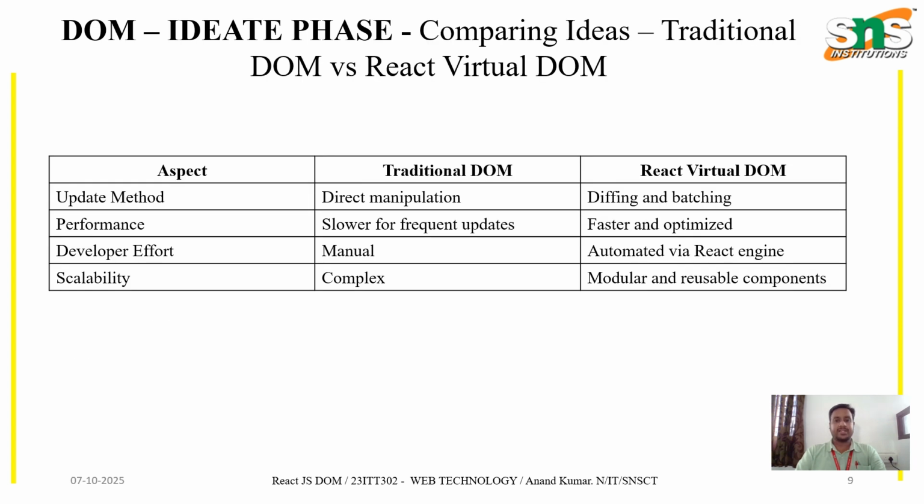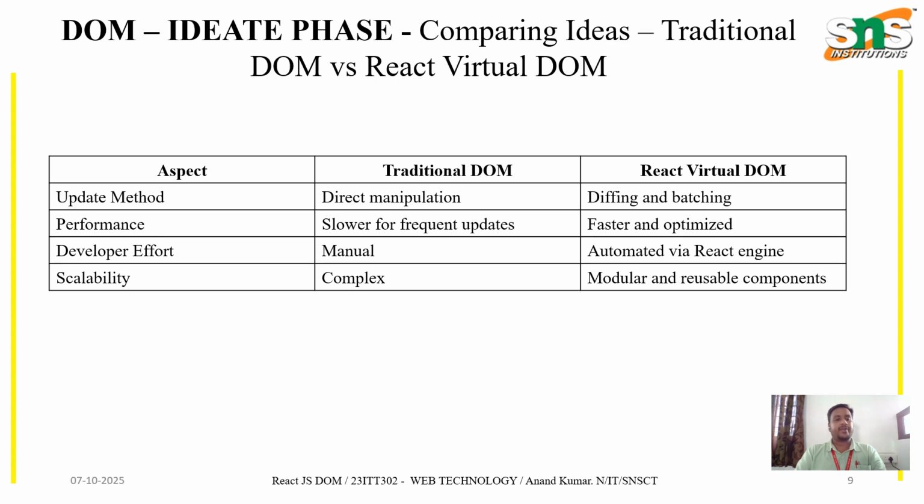Coming to the ideate phase, we'll compare the traditional DOM and the virtual DOM. For the update method, traditional uses direct manipulation, while React's virtual DOM uses diffing and batching algorithms. Regarding performance, traditional is somewhat slower for frequent updates, while the React virtual DOM is faster and optimized.